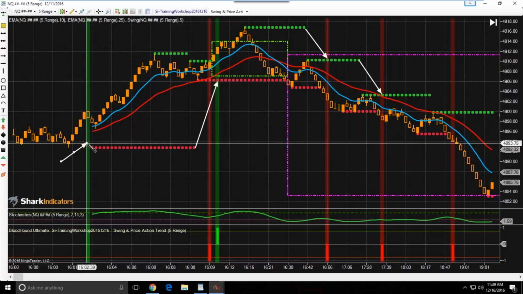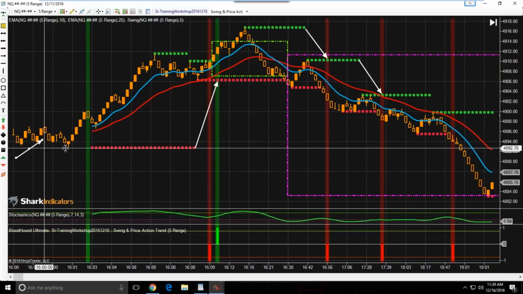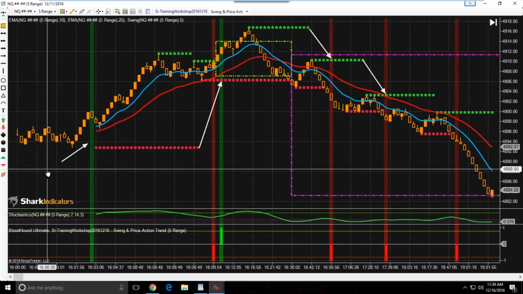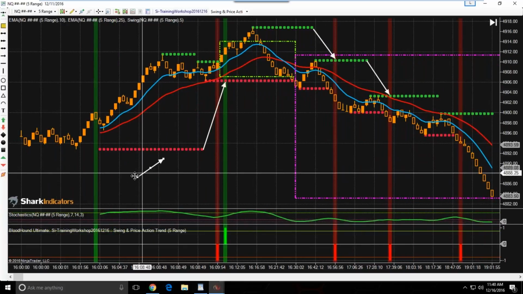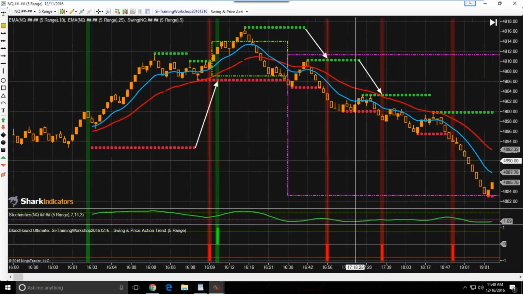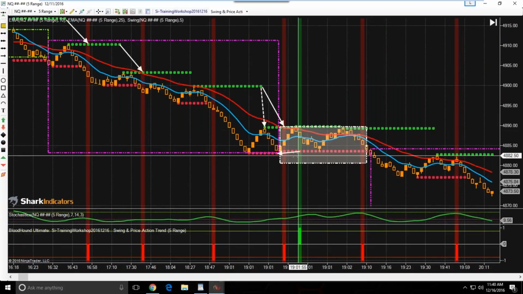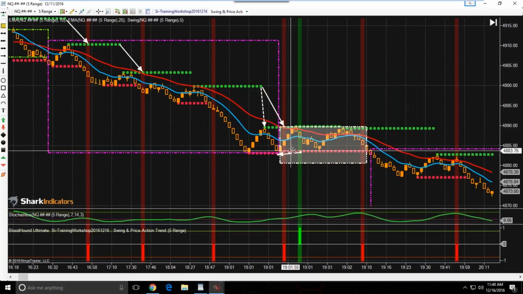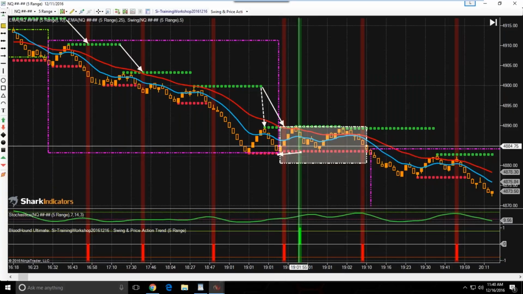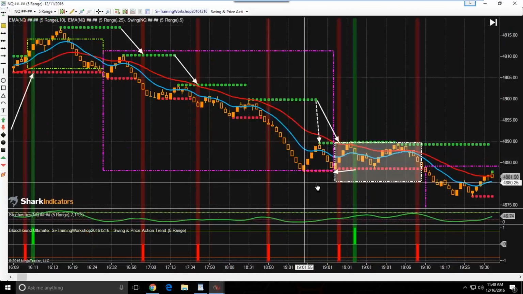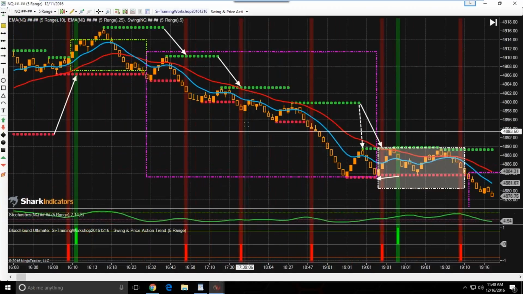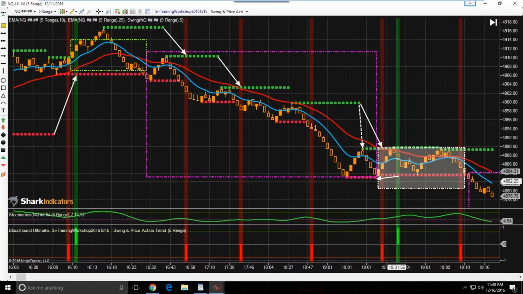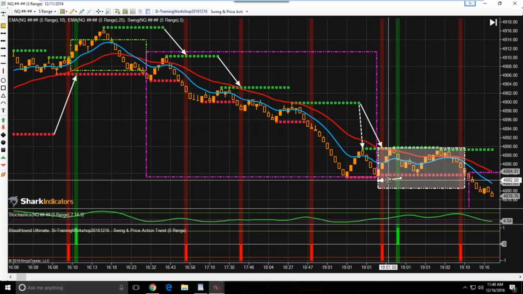I'm not sure where this higher low is coming from, but that's at the very beginning of the chart, so that just could be a swing indicator snafu identifying that. So, of course, here's our other higher low identified right here. So, anyways, we have these lower highs and higher lows identified.